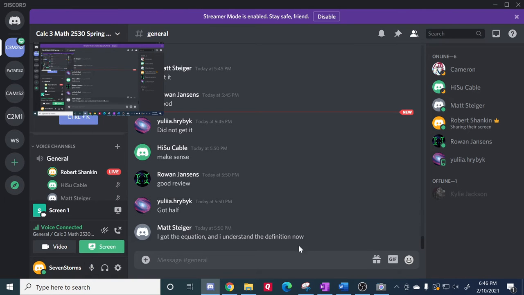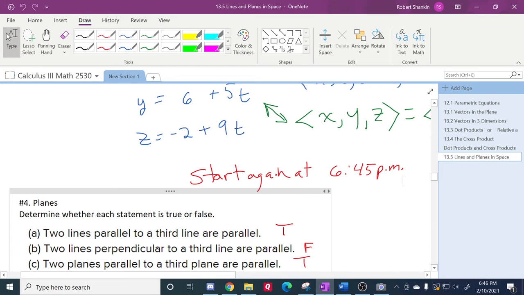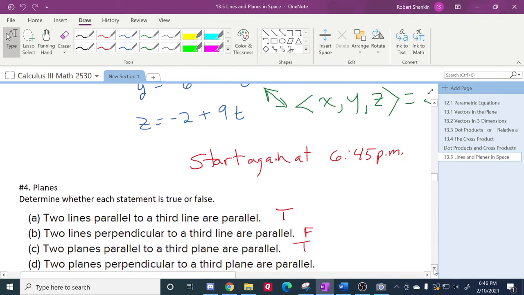Okay, let's get started again. Two planes perpendicular to a third plane are parallel. True or false?